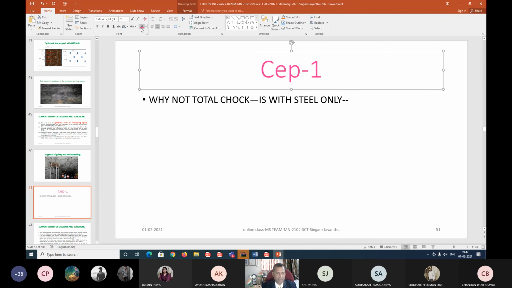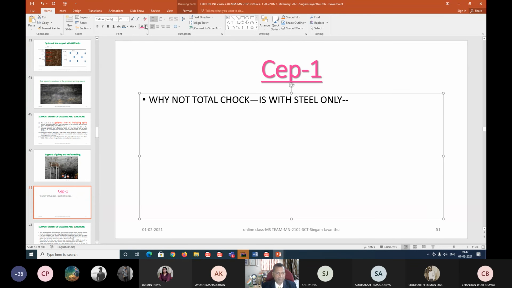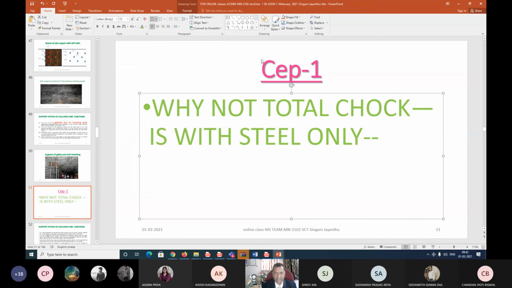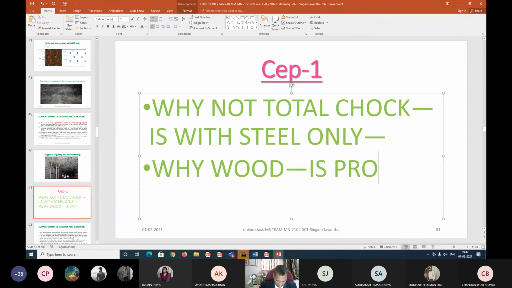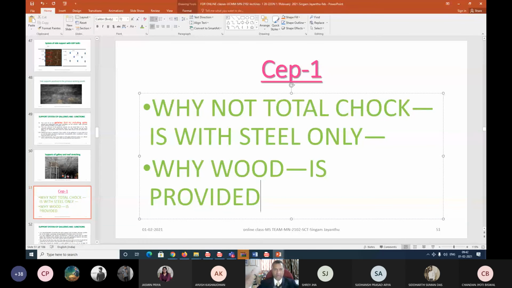You like pink color, that's why I kept it in pink, underline, bold. Then why are the chalks, whatever we have seen here, my beloved students, not in total steel, right? Why wood? Because we know we want to have eco-friendly mining. We want to have sustainable mining. We want to have environmentally friendly mining. Then you should not use the wood. You should not cut the trees. Then why can't we use that?